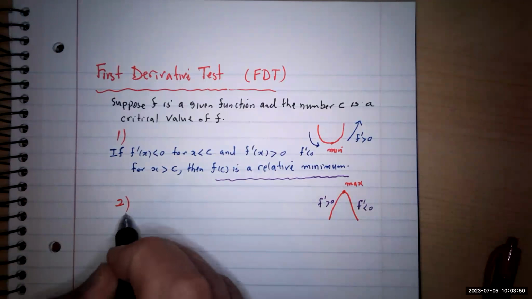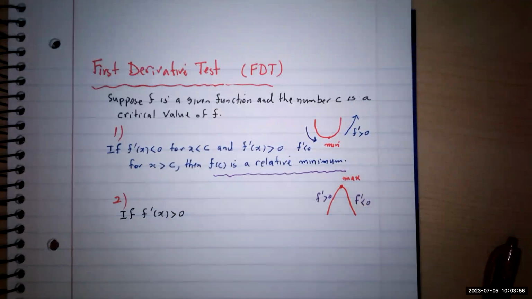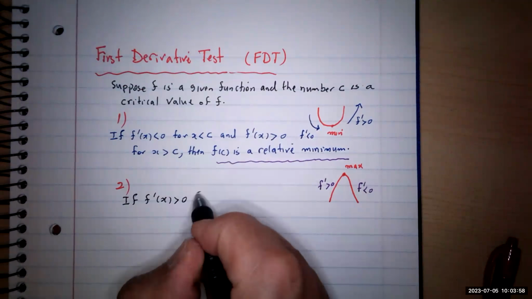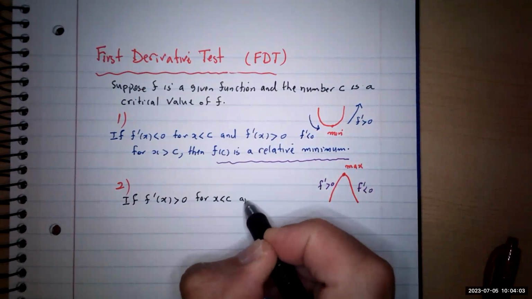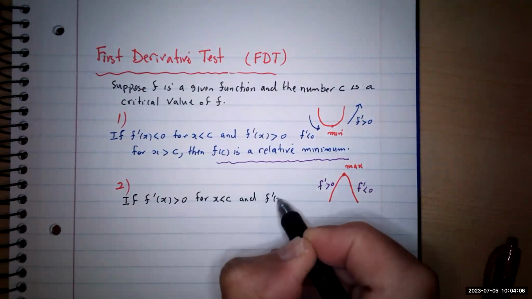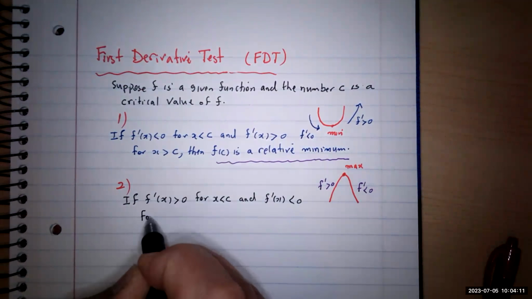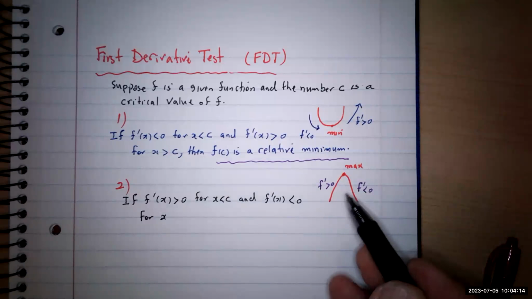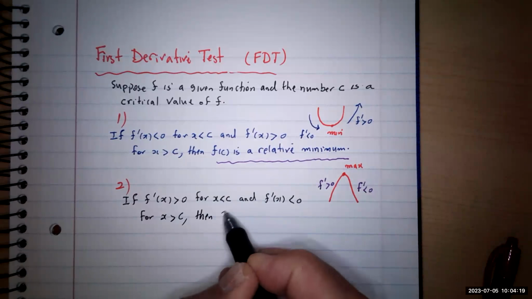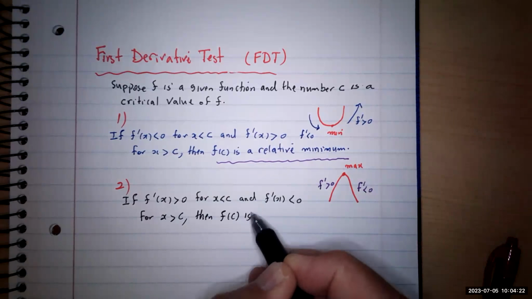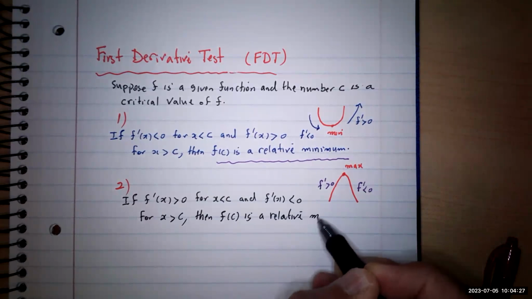So if f prime of x is positive before c, or x less than c, and f prime of x is negative for x after c, then f of c is a relative maximum.